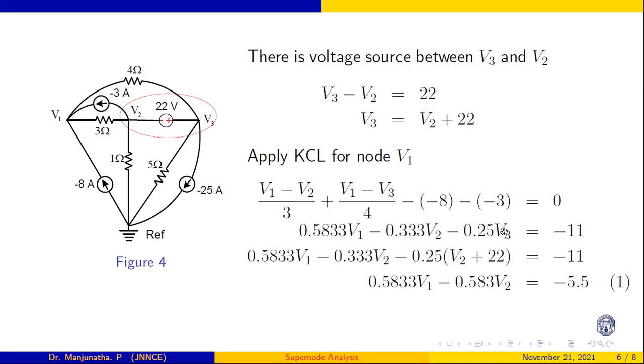Now we can bring it to two variables by using this equation, V3 is equal to V2 plus 22. So 0.583 V1 minus 0.583 V2 is equal to minus 0.55. Multiplying and simplifying, we are getting this one.